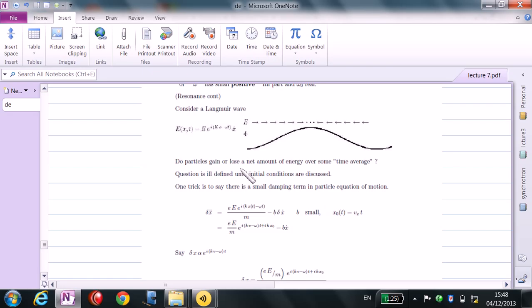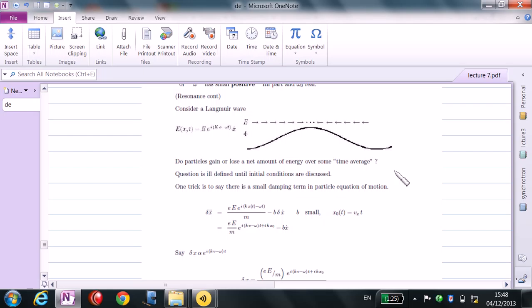Now the question is, if I have a Langmuir wave, an electrostatic wave, so the electric field changes in direction, it changes with space, but it's moving in a given direction. Take a single wave, and the resonant particles are the ones that are moving in that direction. V equals omega over k. Minus omega over k isn't resonant.